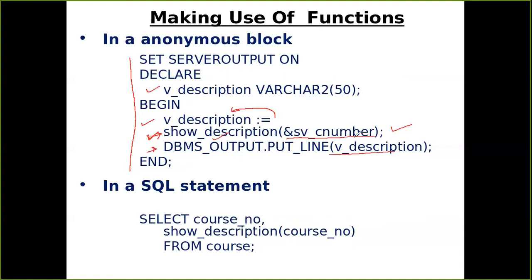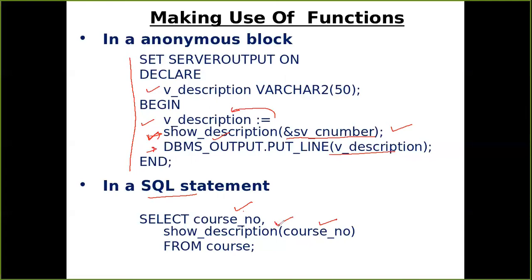Similarly, you can also call your method in SQL statements, like you can write select course number, show description course number. Whatever the course number is here, you can pass the same course number to this method, which will retrieve the description of that course, and it will create a new column. So two columns will be created: one for the course number, and another for the short description of the course.